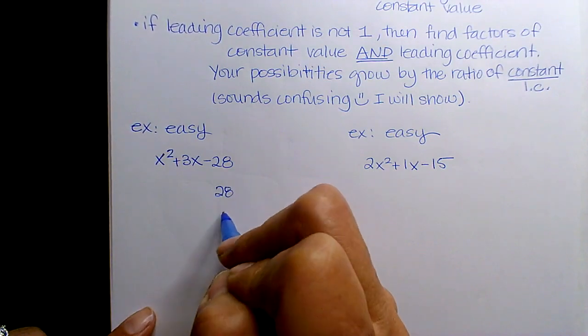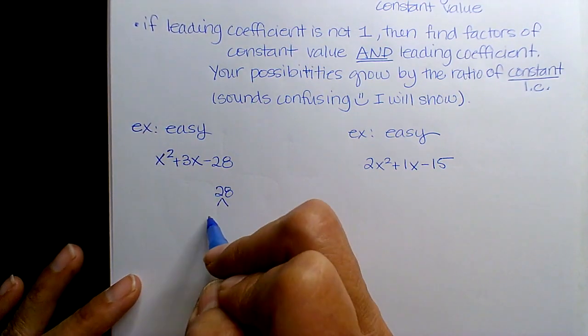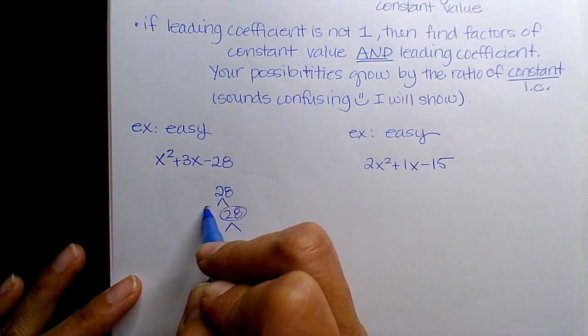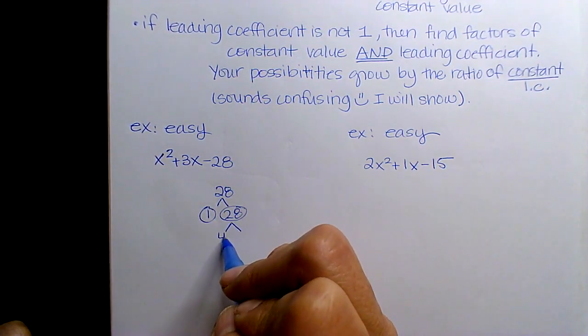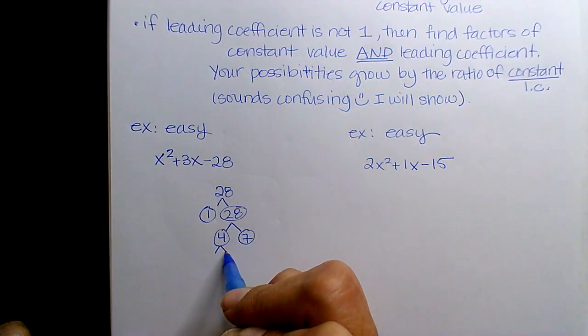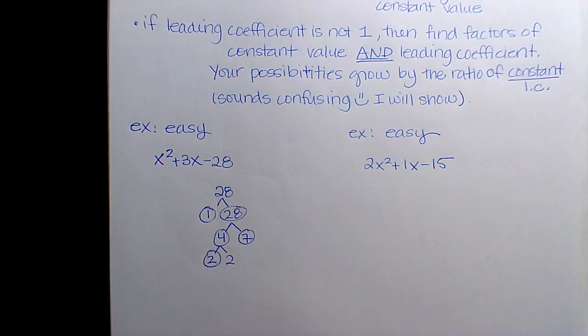So 28, if I do the factor tree, it's 1 times 28. So that's a factor, and 1 is a factor. 4 and 7, so 7 is a factor, 4 is a factor. And then this is 2 and 2, so 2 is a factor. As you do your factor tree, whenever you hit a different number, that's a possibility.